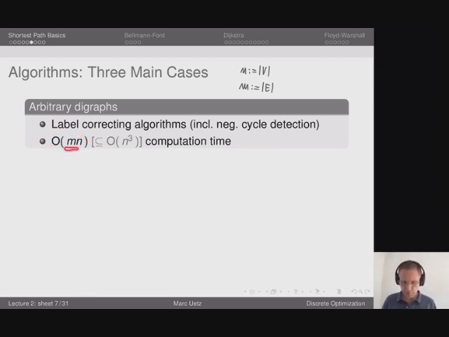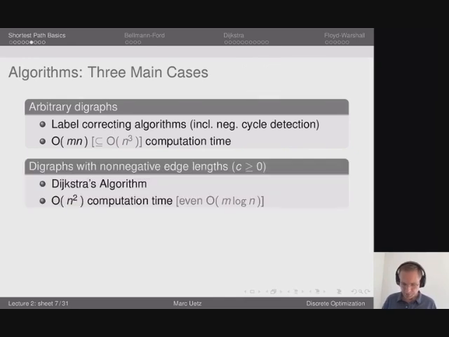And since the number of edges of the graph cannot be more than order n squared, this is essentially a cubic computation time, okay, in the worst case. So this is for arbitrary directed graphs with no restriction on the lengths of the arcs.